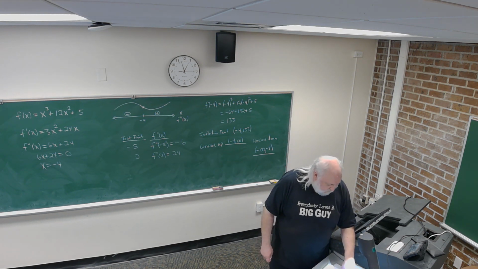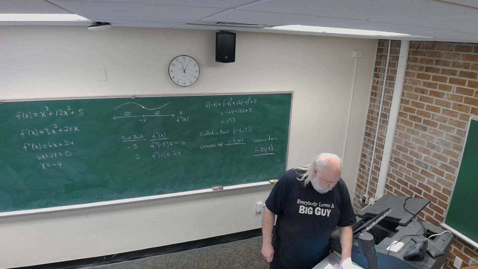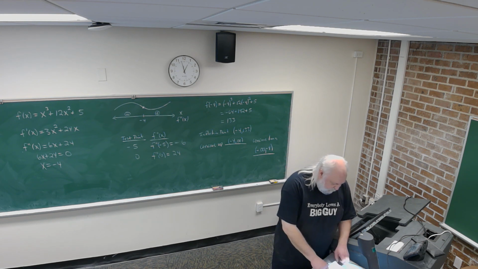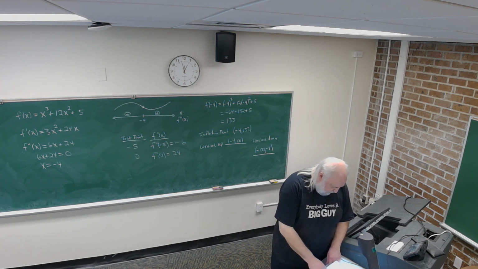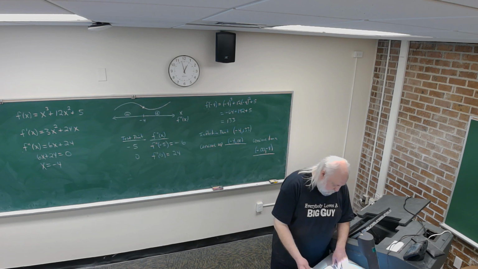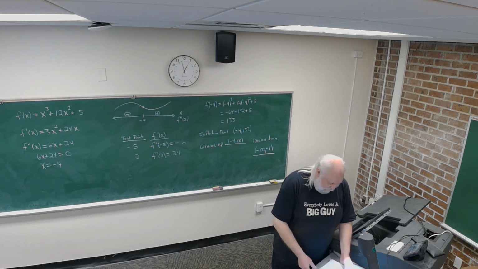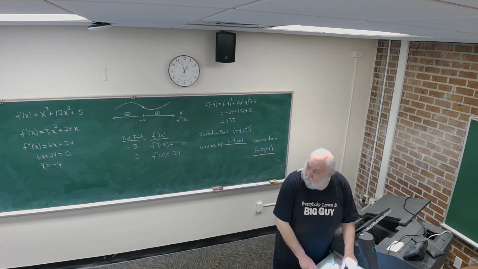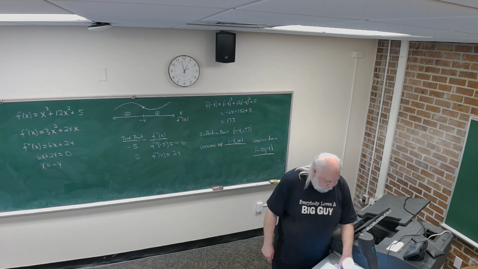Another application of the second derivative is the following test for identifying local maximum and minimum values. It is the consequence of the concavity test and serves as an alternative to the first derivative test. So the concavity test, top of page 3, says if the second derivative is positive, then f is concave upward.